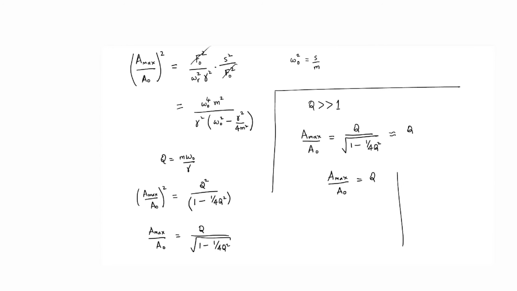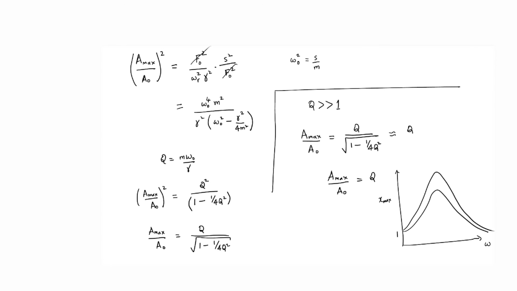Now, we can sketch the resonance curve in terms of the q values. So, for instance, here I am plotting x max as a function of the driving frequency omega, and it might look something like this.